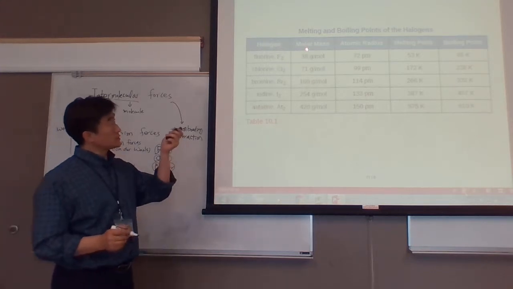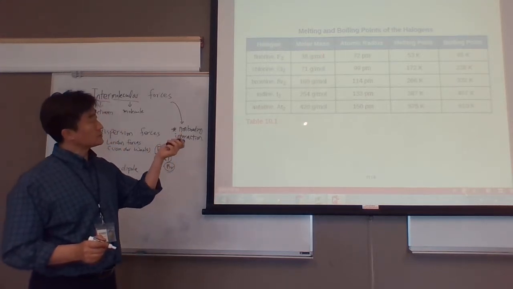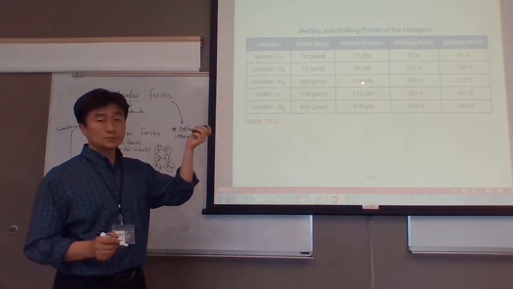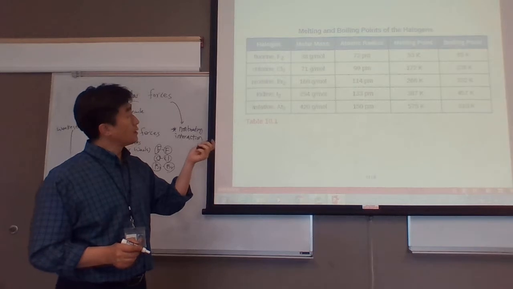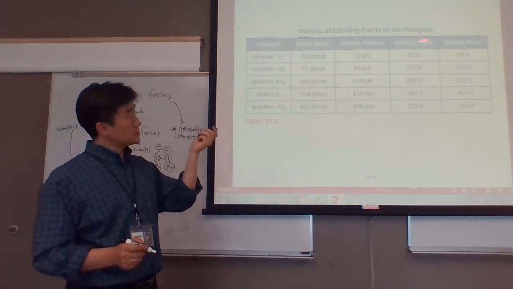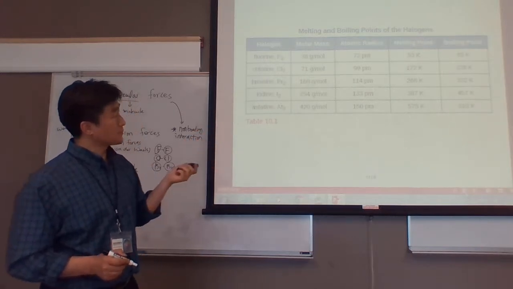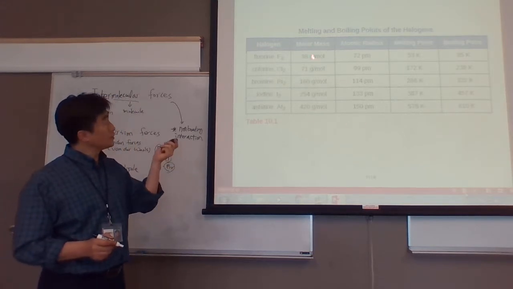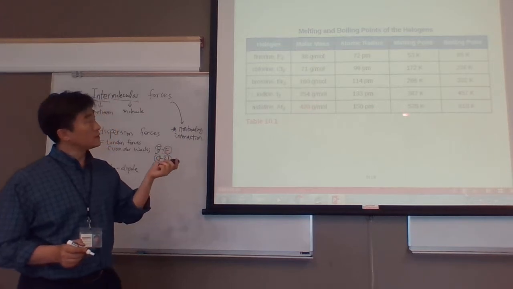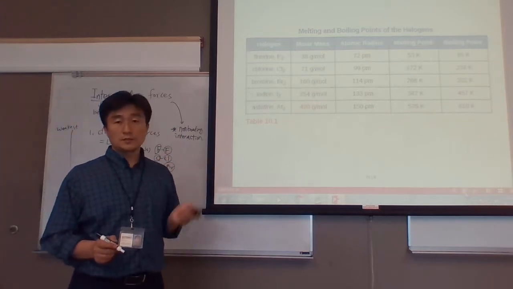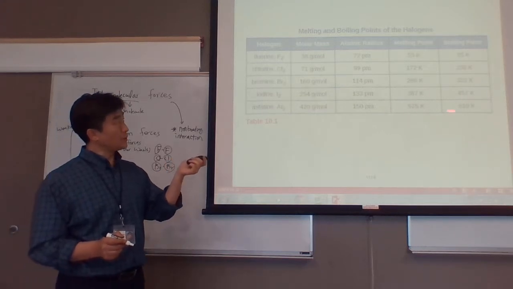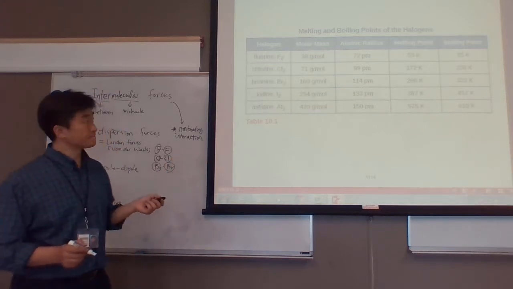You can also see the molecular mass is increased, and the atomic radius is increased, which means more electrons. The melting point is increased and the boiling point is increased. So from this table you can observe that the bigger mass molecule has the bigger dispersion force, because the melting point and boiling point are higher.